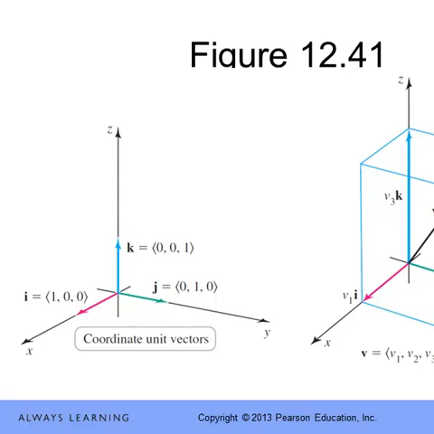So i hat might look something like that, and j hat might look something like that. k hat might look something like that, with little hats over the top. The hats, again, indicate they're unit vectors.